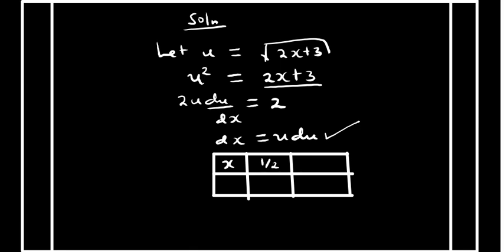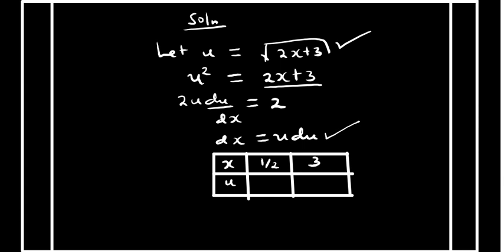Then we have our new variable, which is u, and now we are going to look for the limits of u. How do we do so? I simply go back and substitute the values of x in this equation that relates u and x. Where there is x, I put a half. That will be 2 times a half, which is 1, plus 3.